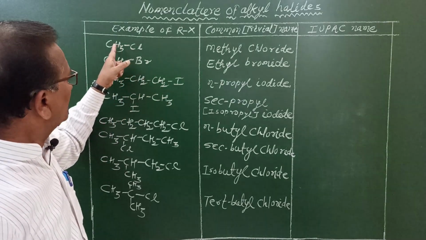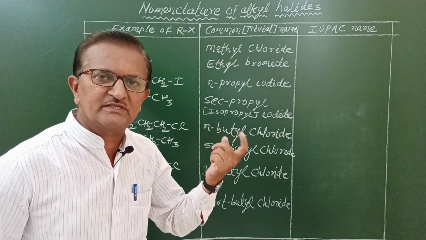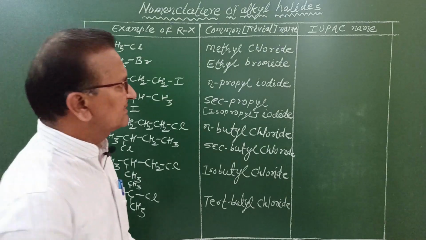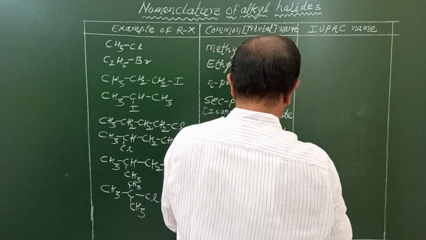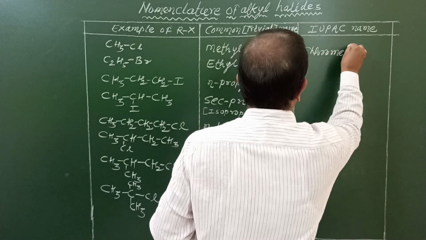Since there is a chlorine atom and 1 carbon atom is present in methane, what is the IUPAC name of the first example? Chloromethane.